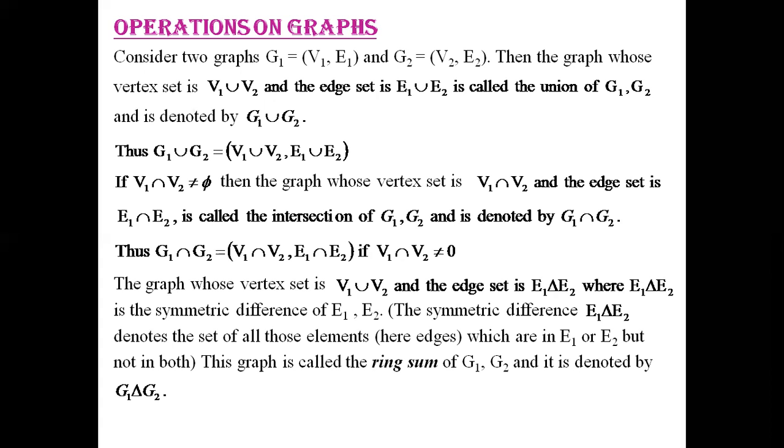Such a graph is the ring sum of G1 and G2, usually denoted by the symbol G1 delta G2, which we read as G1 ring sum G2. Thus, G1 ring sum G2 is V1 ring sum V2, E1 ring sum E2. For the graphs shown in the figures below, their union, intersection and ring sum are shown.